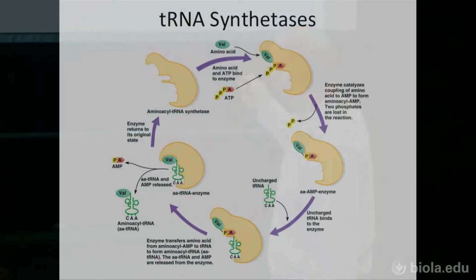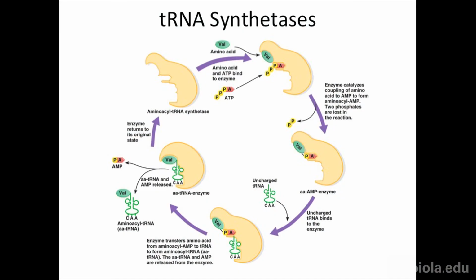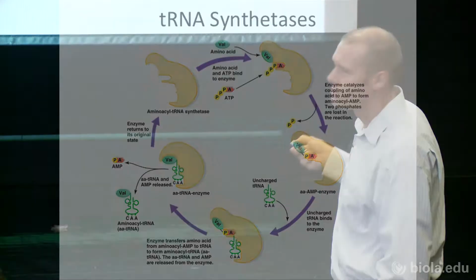So it grabs a valine there in part of its active site. This requires ATP, so there's an ATP binding site. And then it's going to specifically grab a tRNA, and it recognizes the anticodon. Okay? So it picks the proper tRNA by reading its anticodon and sticking the appropriate valine on there.